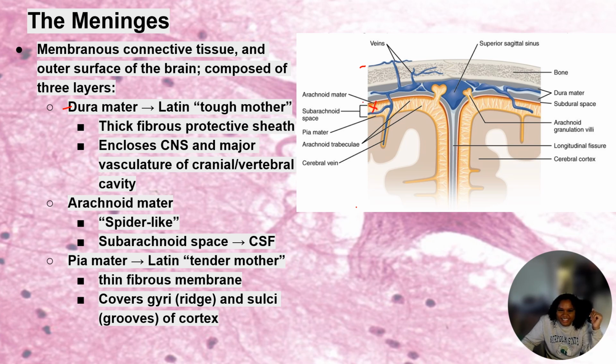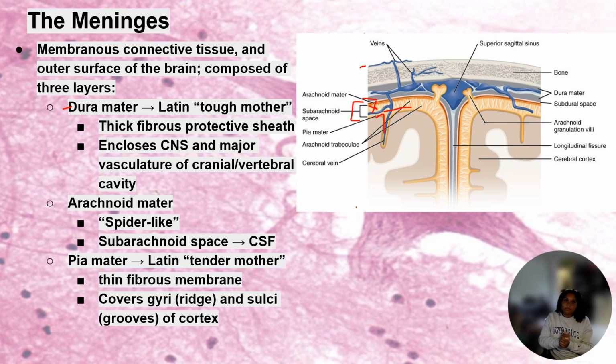But yeah, the subarachnoid space contains cerebrospinal fluid, and that's important for cushion and protection, especially for your brain. We'll get into the importance of that in the clinic later in a second. But important to know that subarachnoid space, your arachnoid mater right here, has that spider-like projection. It has your CSF. And then under that is your pia mater, which is very thin, very gentle.